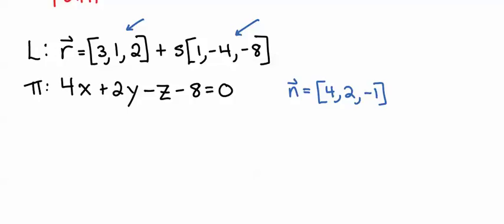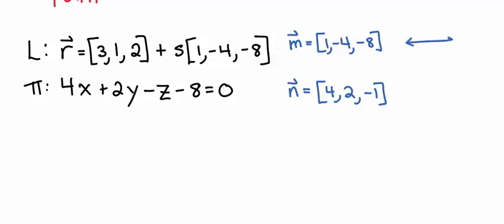Before we start, you don't have to do this, but if you wanted to just check whether these guys are going to intersect, you could compare the direction vector of your line to the normal vector of your plane.